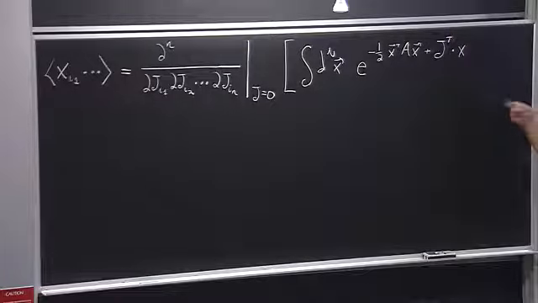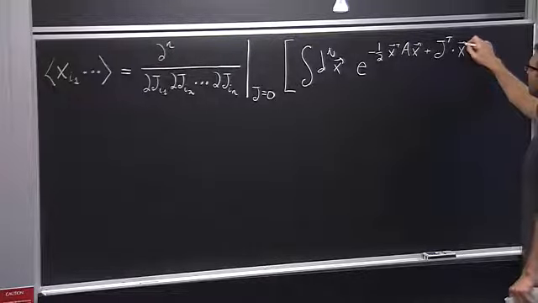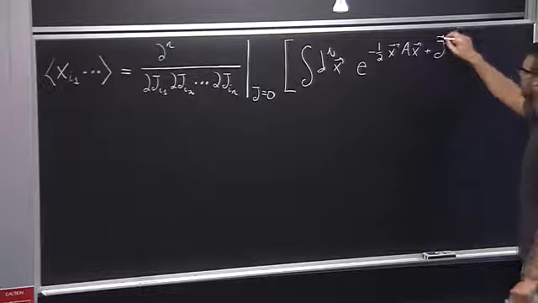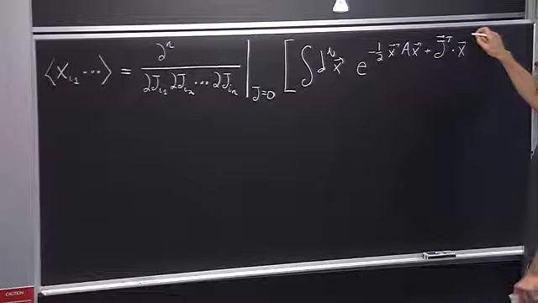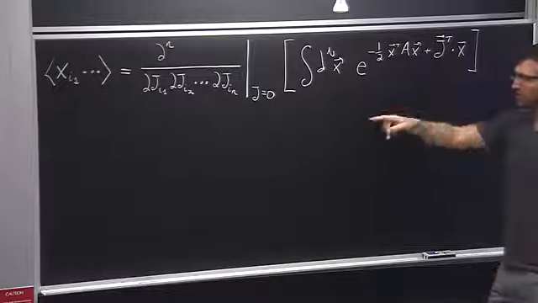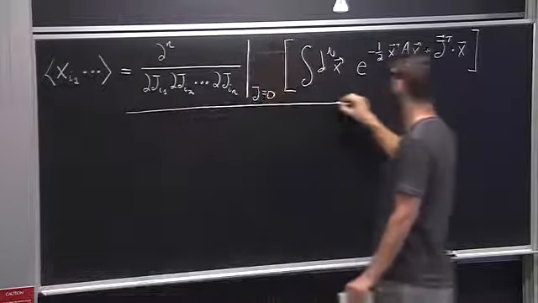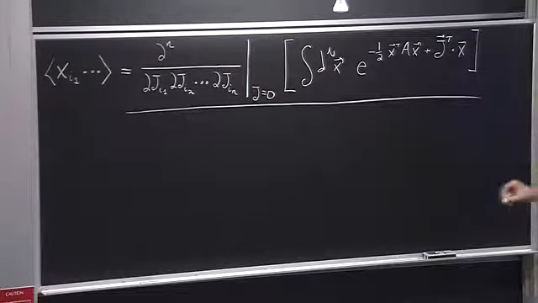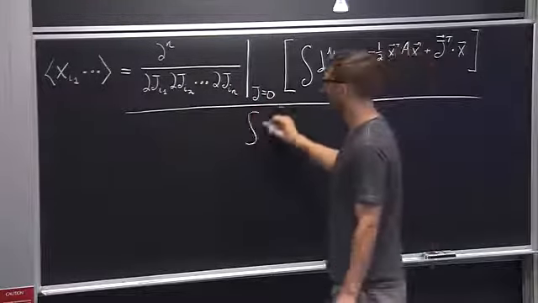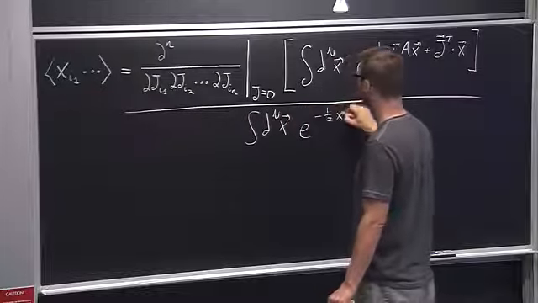Remember, those T's are just transposes, just to get the dimension of my vector correct. This is a vector, J is a vector. Okay, this is pretty messy, I'm going to drop this notation right away. And J is set to 0 because this thing doesn't occur over there in the exponential, all of this over the Gaussian partition function.